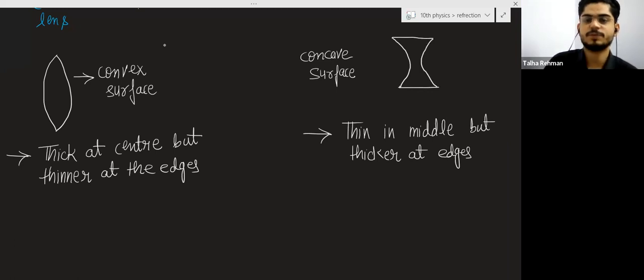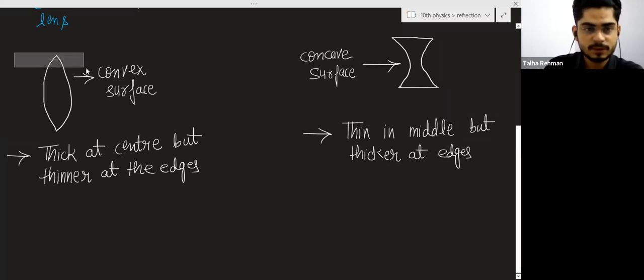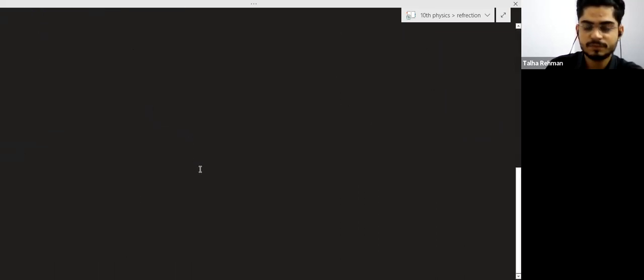So this type of shape this lens has: thin in the middle, thicker at the edges. Now there is the principal axis and the optical center of a lens.